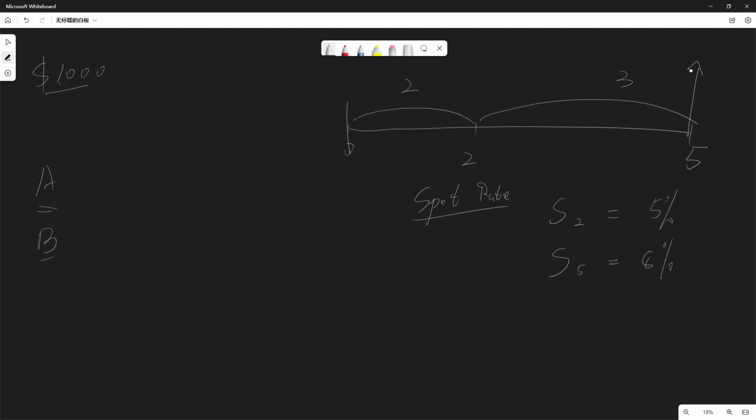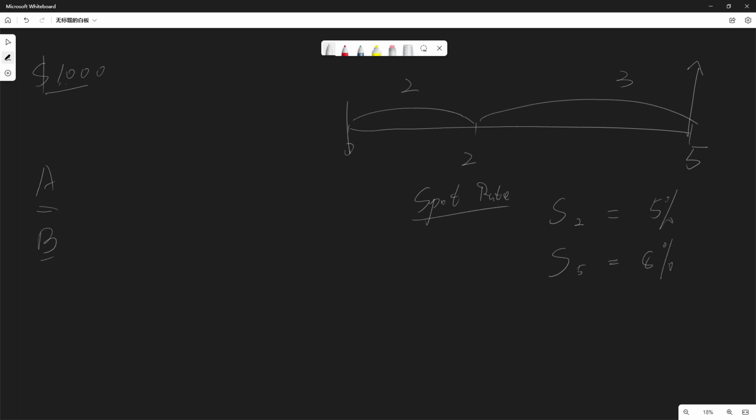But that's clearly not enough, because you need to compensate the bondholder at time 0, which means the bond, when it is issued, needs to be issued at a discount. Because it's zero coupon, nobody will hold a zero coupon bond if there is no coupon and no discount, right?